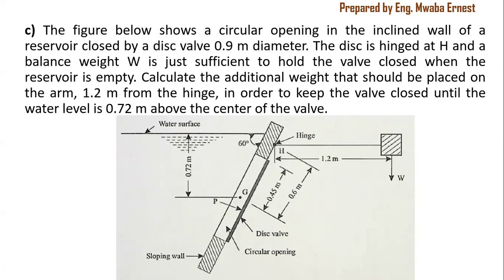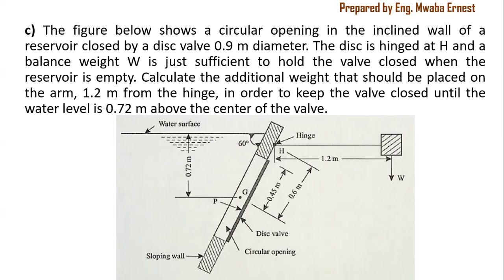The disc is hinged at H, and the balance weight W is just sufficient to hold the valve closed when the reservoir is empty. Calculate the additional weight that should be placed on the arm 1.2 meters from the hinge in order to keep the valve closed until the water level is 0.72 meters above the center of the valve.